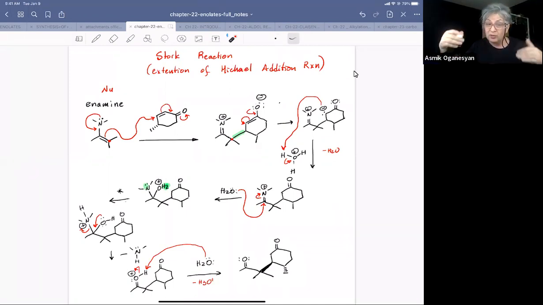And then instead of carbon to nitrogen bond, you recover the carbonyl there. Okay. So this is a good reminder of chapter 18, formation of enamines, and also the hydrolysis of enamines back into a carbonyl ketone or an aldehyde.